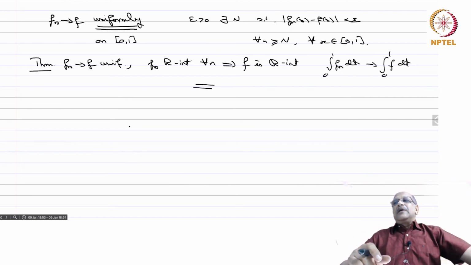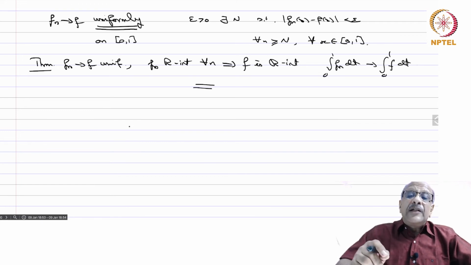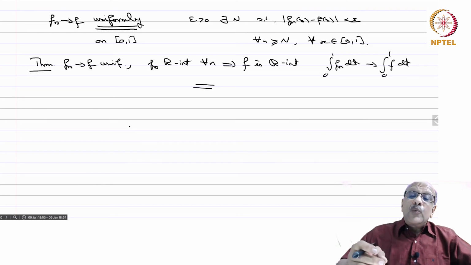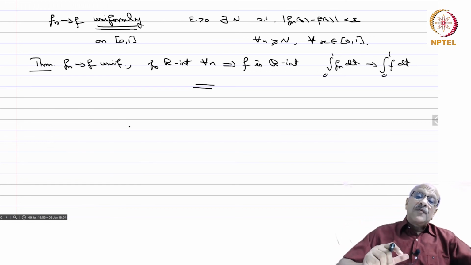Now, differentiation is a local phenomenon. If you want to differentiate a function, then of course we have to look at the values nearby to find the rate of change of the function. But integration is something global. We are not worried about what happens at nearby values; what we are really worried about is the global behavior of the function.